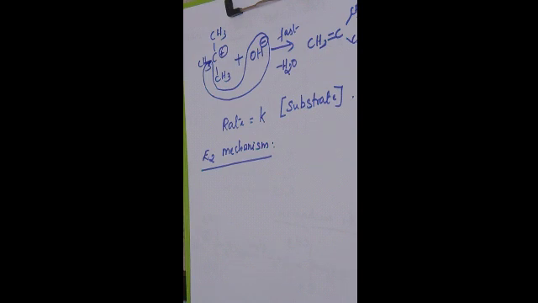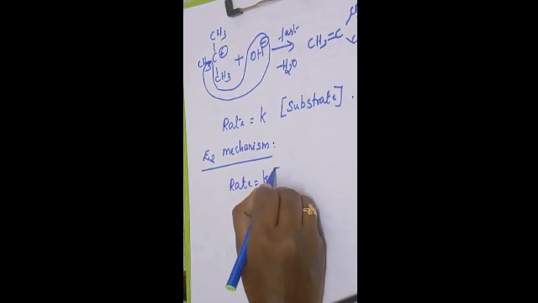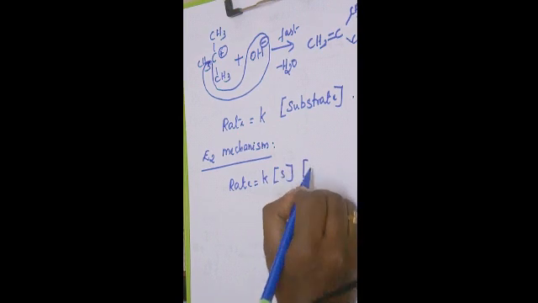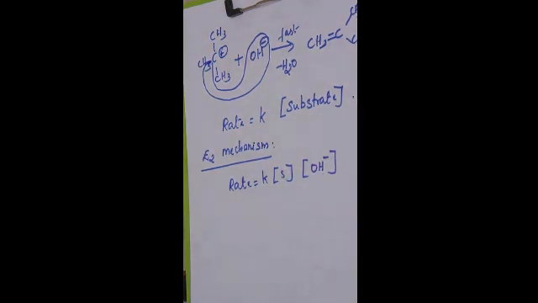Here the concentration of the substrate and the concentration of the base are both simultaneously involved in the rate determining step. So rate equals K into the concentration of substrate and the concentration of base, that is OH minus.